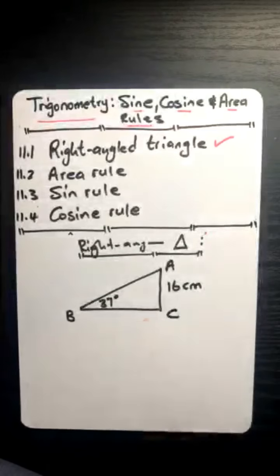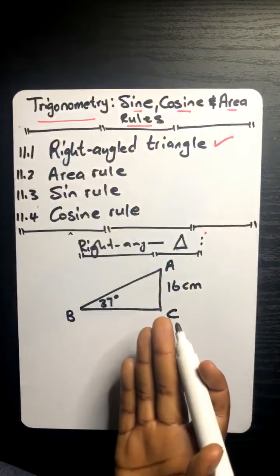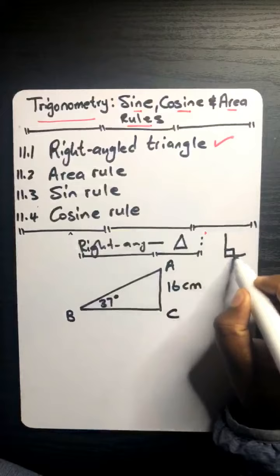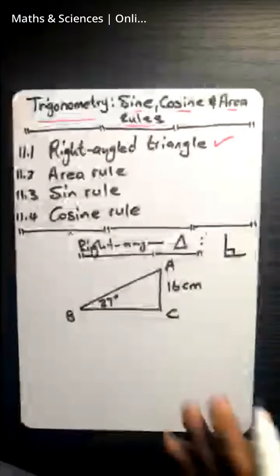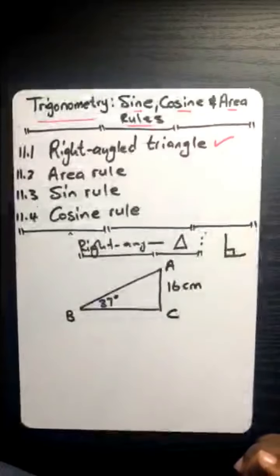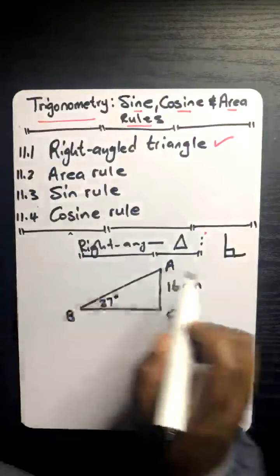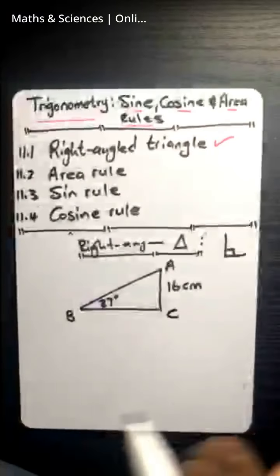Is this a right-angled triangle or not? Can you see, guys? I don't see that sign that confirms that it is a right-angled triangle, which means I'm not sure at this stage if this is a right-angled triangle or not. If I'm not sure, I cannot assume it to be a right-angled triangle.